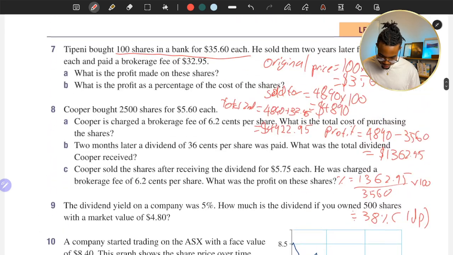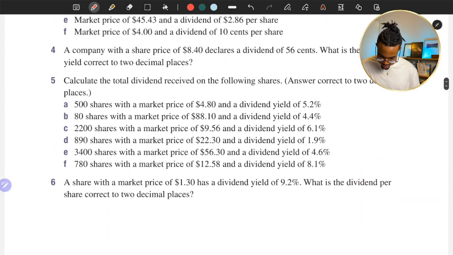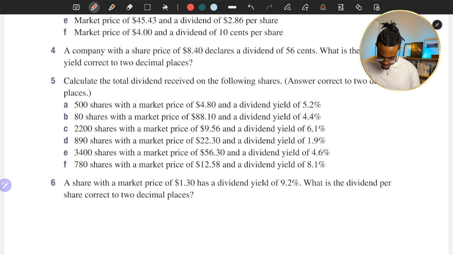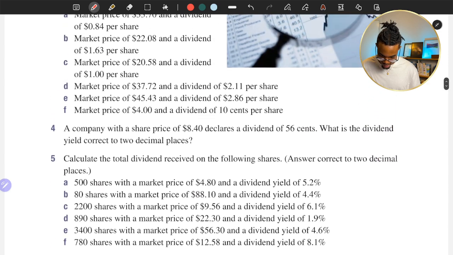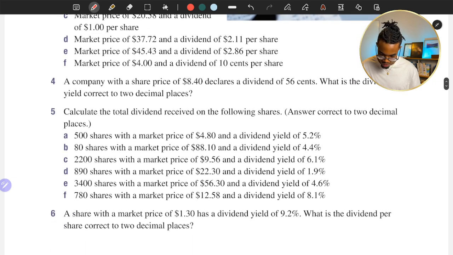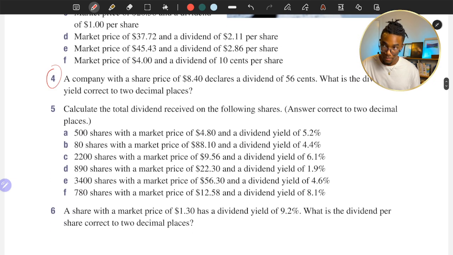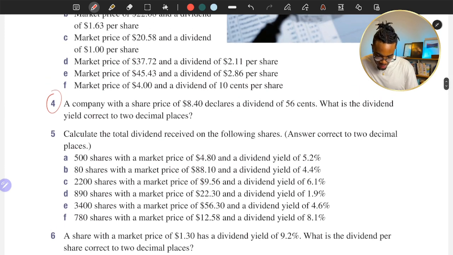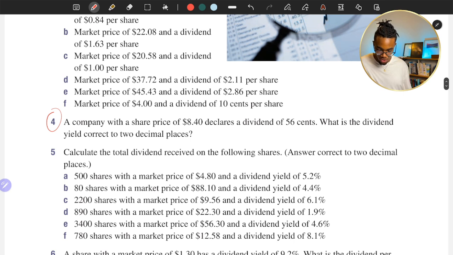So let's go up here, to question 4. A company with a share price of $8.40 declares a dividend of 56 cents. What is the dividend yield corrected to decimal places?